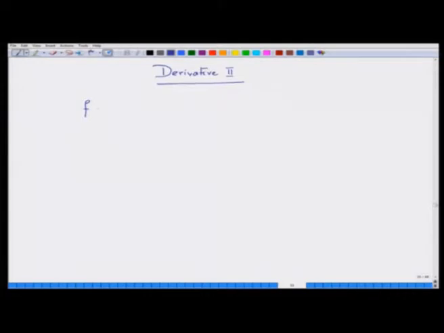So, if you have a function f and you have a function g, so by a function f plus g, the added function, if you evaluate it at x, it is nothing but f(x) plus g(x). So, the question is, what is the meaning of the d/dx of f plus g at a given point x?